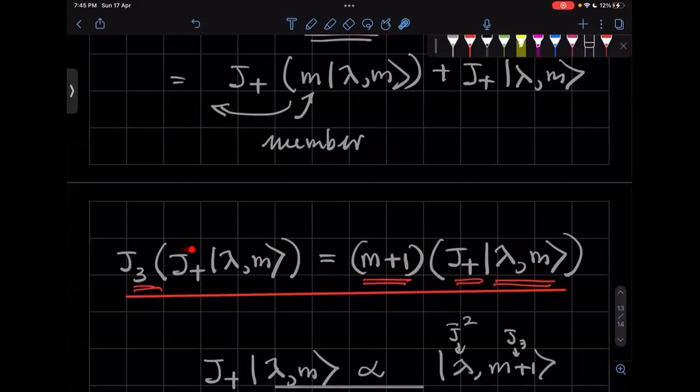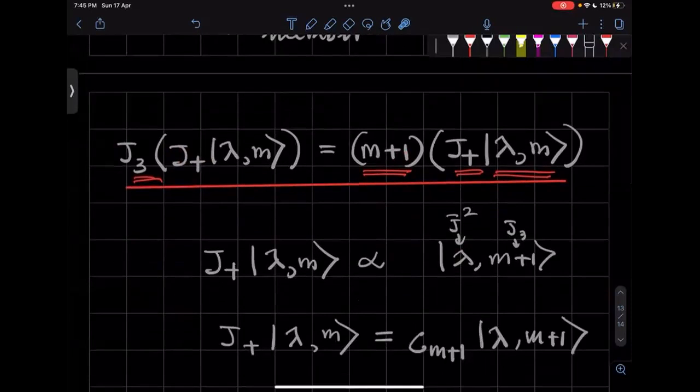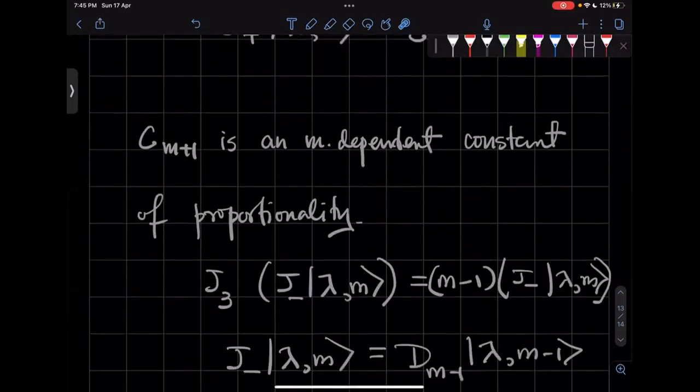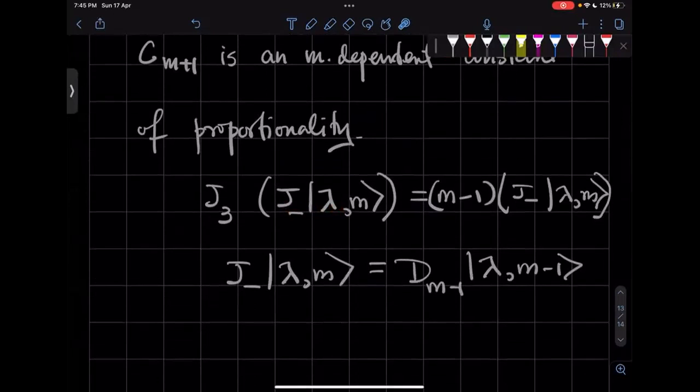So the effect of applying J plus is that it increases the eigenvalue by 1. It takes us to a new state with a different eigenvalue. And we call that proportionality constant C m plus 1. Similarly, if I apply J minus to this state, it decreases the J3 eigenvalue by 1, and I write that here with a new proportionality constant. C is for J plus, D is for J minus.